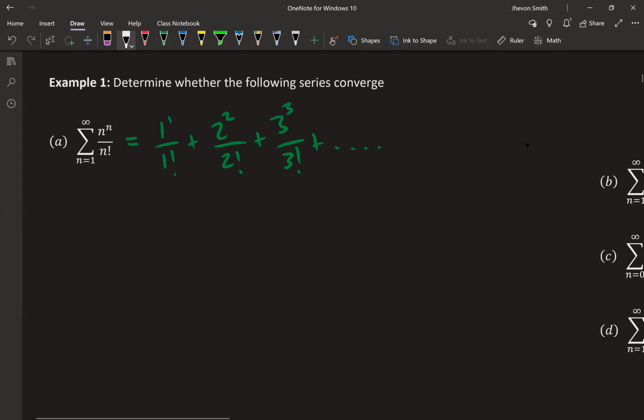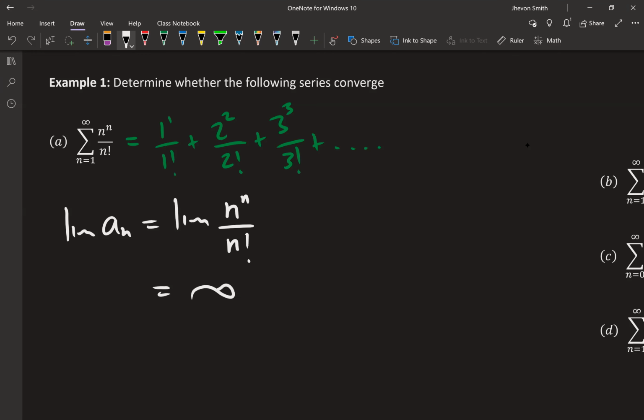Well, here, notice that my a_n, if I take the limit of a_n, that's just going to be the limit of n to the n over n factorial. And what is that limit? That's for you guys. What is that limit?